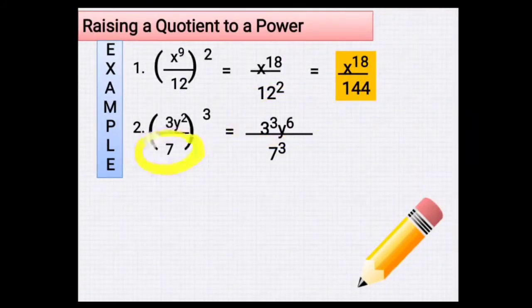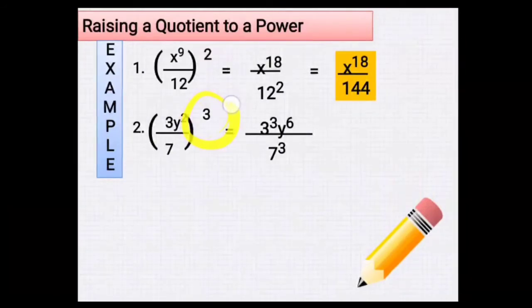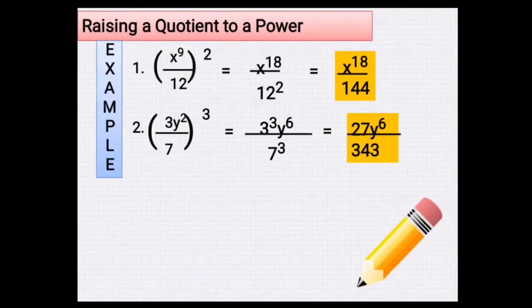Now, on the denominator, we have 7. What is the exponent of 7? That is 1. So 3 times 1 is 3. Therefore, the exponent of 7 is 3, or 7 cubed. Now, let us simplify. 3 cubed is equal to 27, then times y to the 6th power, divided by 7 cubed, that is 343. 7 times 7 times 7 is 343.